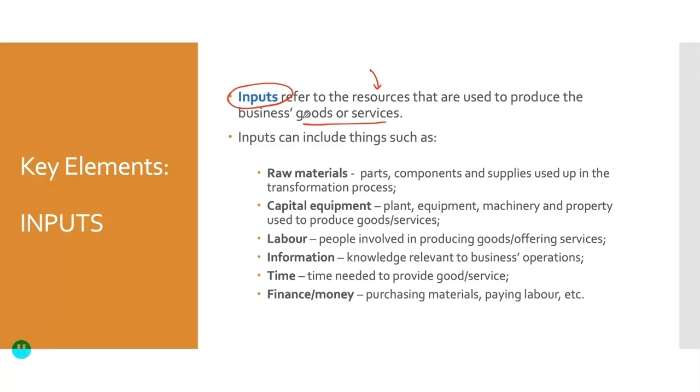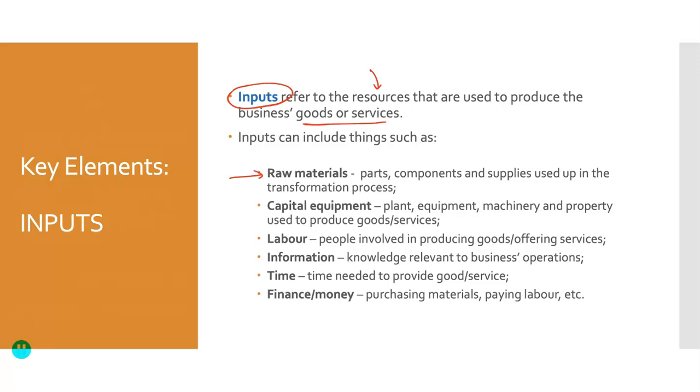There are lots of inputs that a business needs to be able to produce their product. Yes, inputs can include things like the raw materials, which are the components or supplies used in the transformation process. In the case of chocolate, it would be the cocoa beans and the milk, for example.